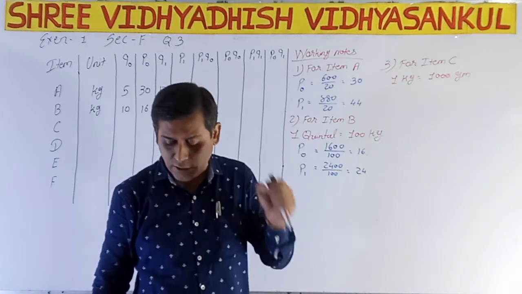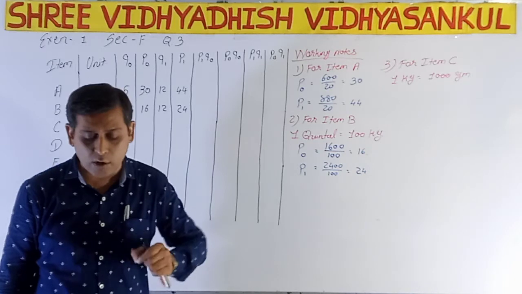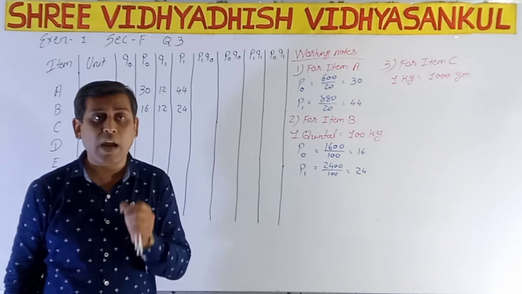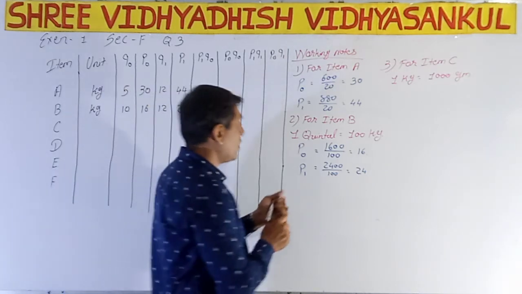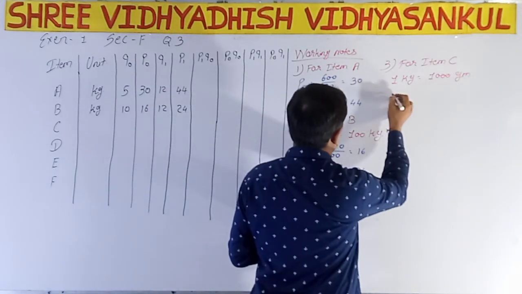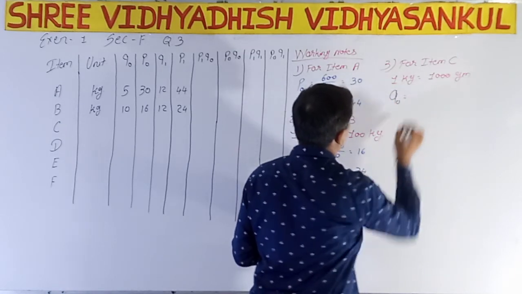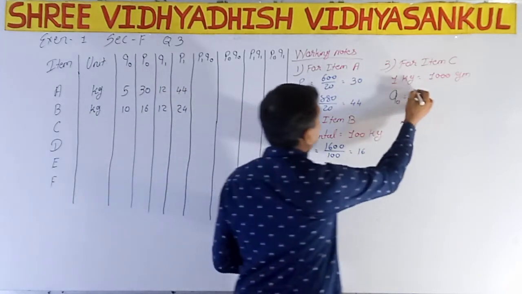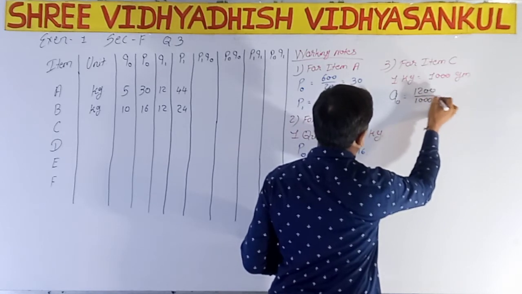0.060 and 0.075 would be the answer. So we cannot convert the price, we have to convert the quantity. That's why, see here, Q0 is equal to, what is the Q0? Quantity of the base year is 1200 divided by 1000.